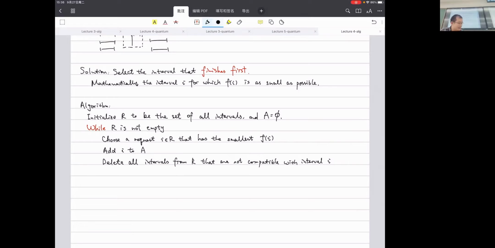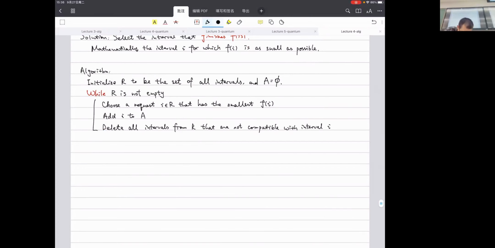So each time you add a new interval, you delete all intervals from R that are not compatible with the interval I you currently added. You just run this while R is not empty, and at the end, you return the set A as the set of selected intervals.